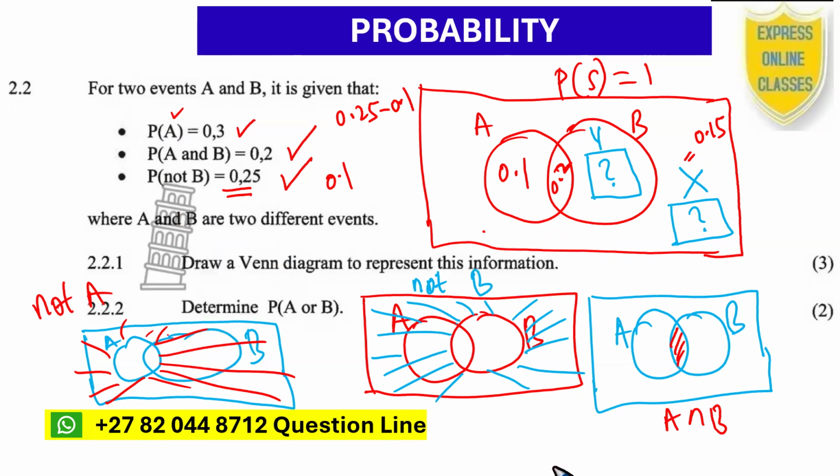Find Y. That is the exercise. We found X. Find Y in the diagram. That is the probability of only B. What would the probability of only B be in this case? Find the probability of only B.